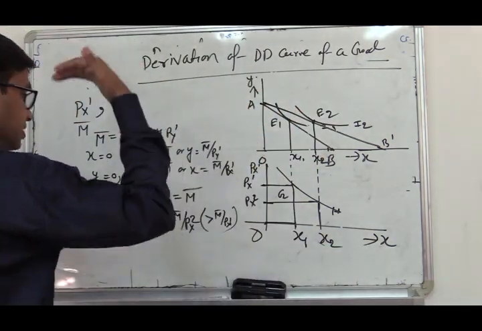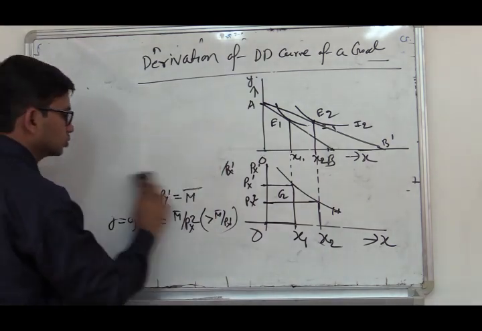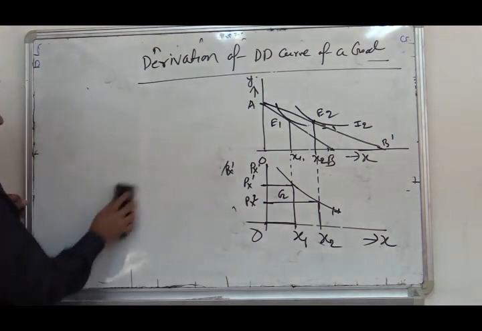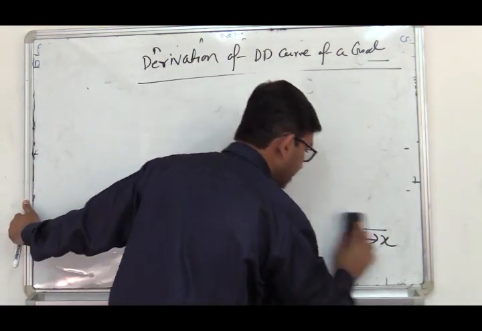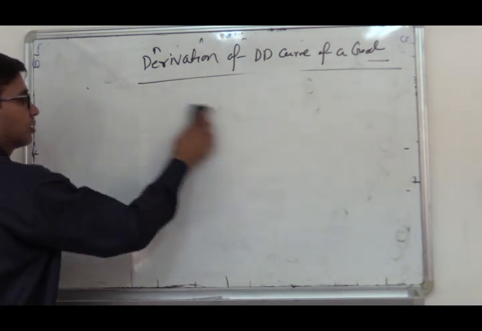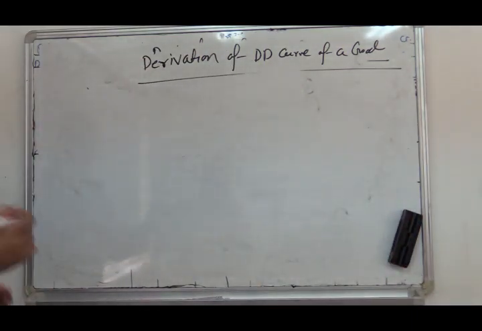Now, if X is an inferior commodity, so what will happen? Not inferior commodity, better to say X is an exception of the law of demand, and let us consider it is a given commodity. What will happen?